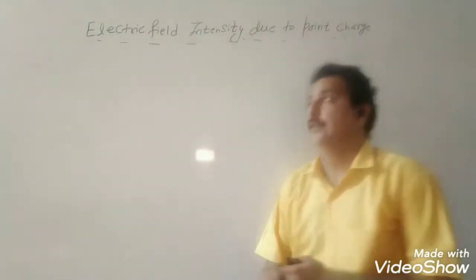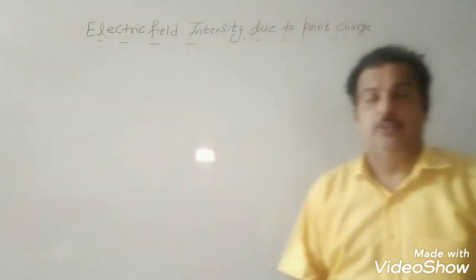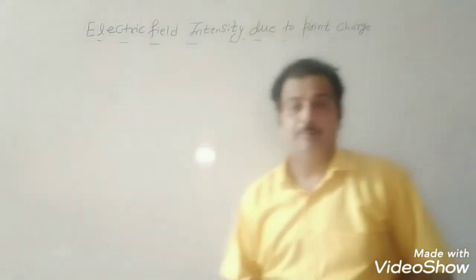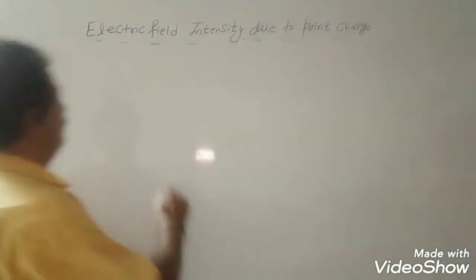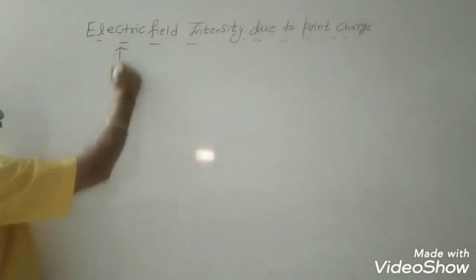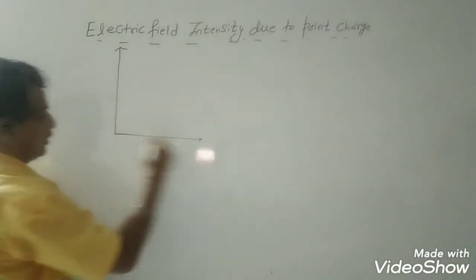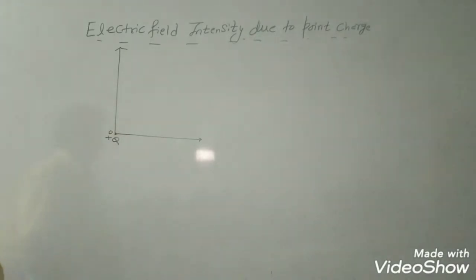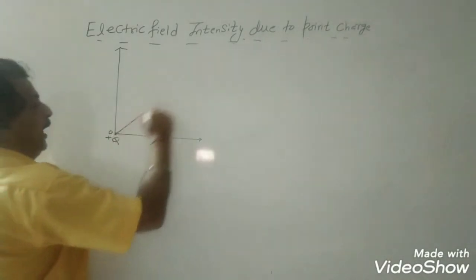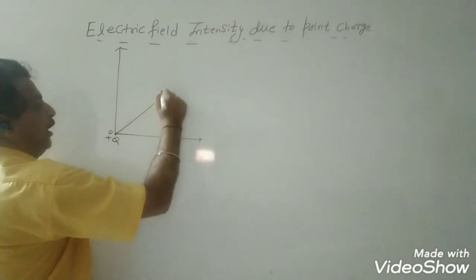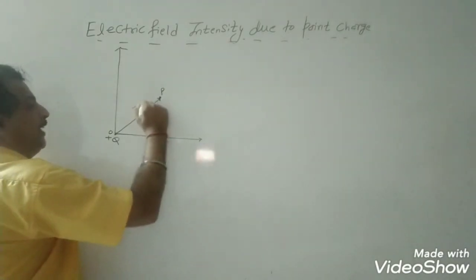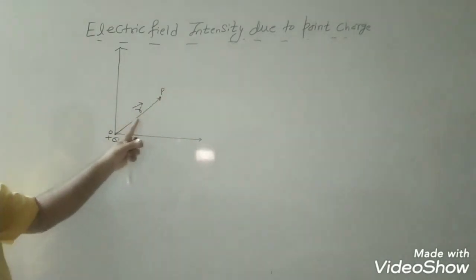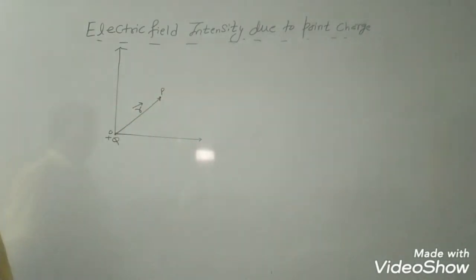Hello students, in the last lecture we did electric field intensity due to a point charge, and if you remember we have taken the source charge at the origin. This was the last diagram, and we need to find the electric field intensity at point P whose position vector is r vector.